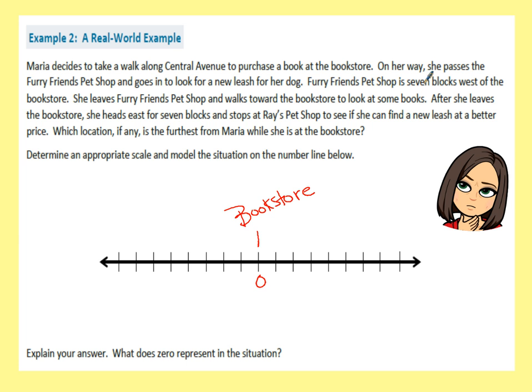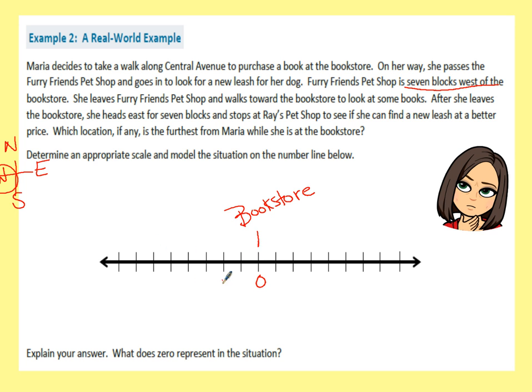And then it says, on her way, she passes, wait a sec, right here, 7 blocks west of the bookstore is Furry Friends. Well, if we remember our nobody eats soggy waffles, here is west. So we're going to go west 7.